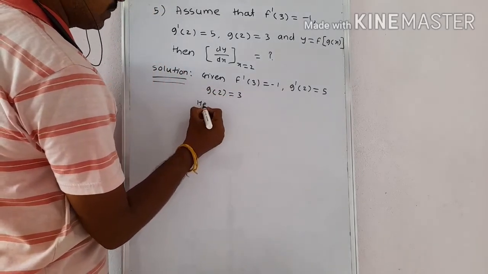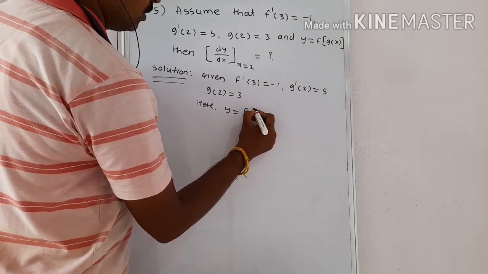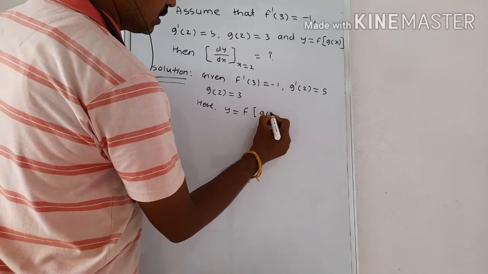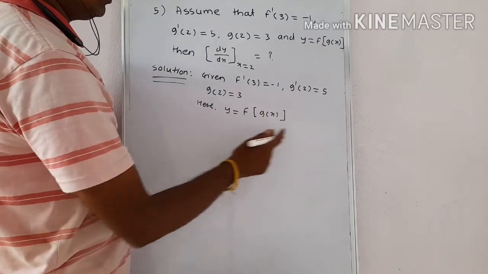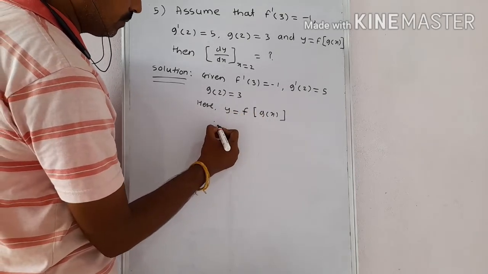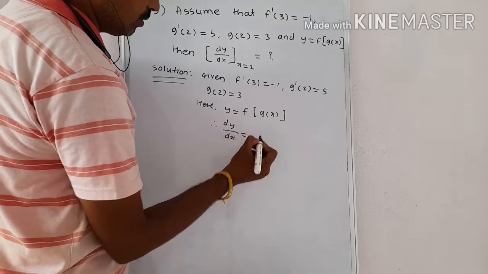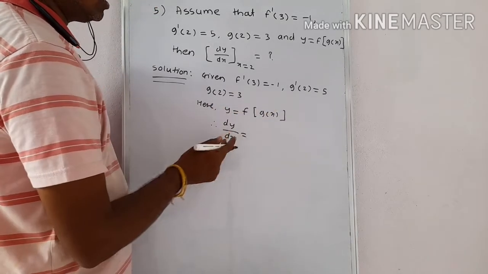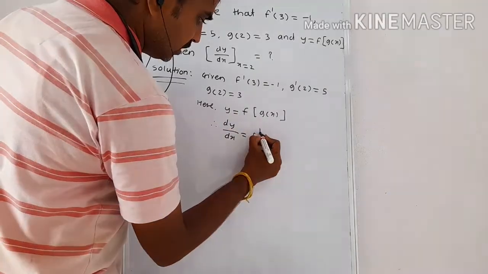Now here, what is the formula for the function? y equals f of g of x. Now we want to calculate the derivative of this formula. We get dy by dx as follows: we first differentiate the f function.